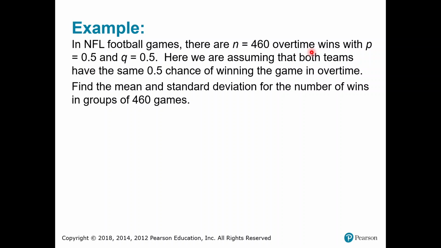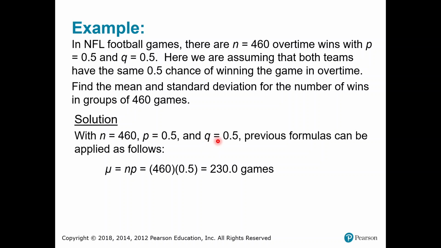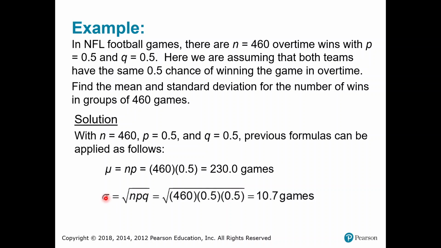We know p, we know q. We now can plug it into a formula to get the mean. So the mean is n times p. So 460 times 0.5 is 230. Sigma, or the standard deviation, is the square root of n times p times q, and so it is equal to the square root of 460 times 0.5 times 0.5.